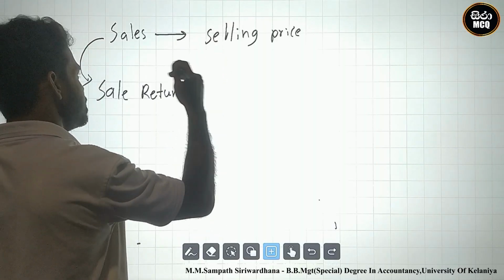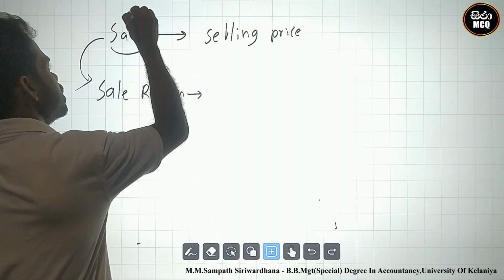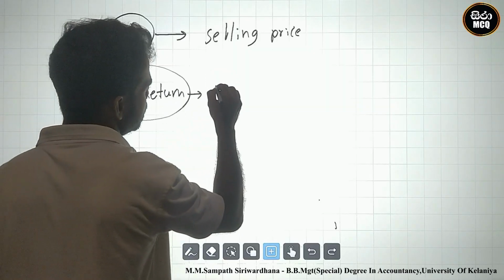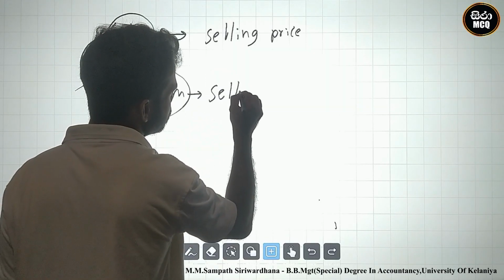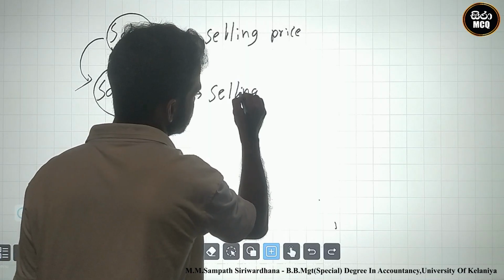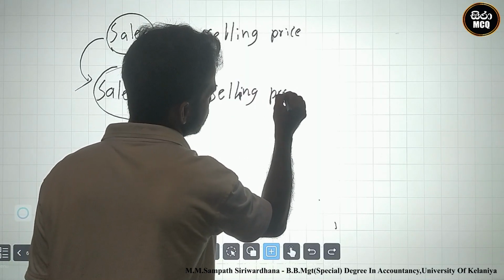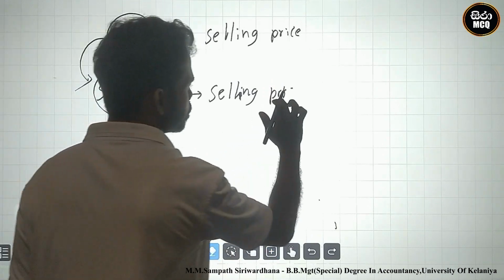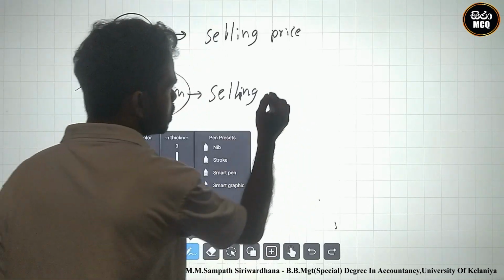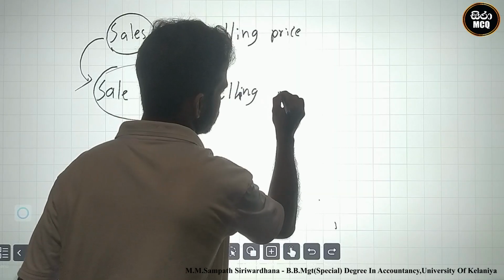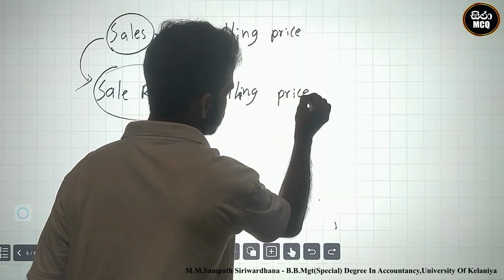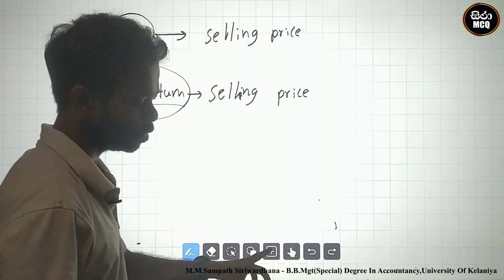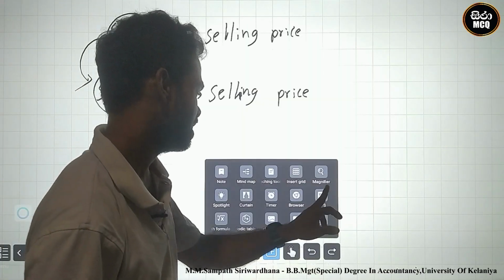This is the only schedule. This is the father, this is the son of this transaction. The son is only the schedule of the selling price. Therefore, at the sales return point, I focus on the selling price.